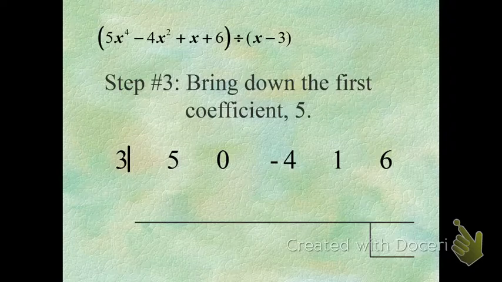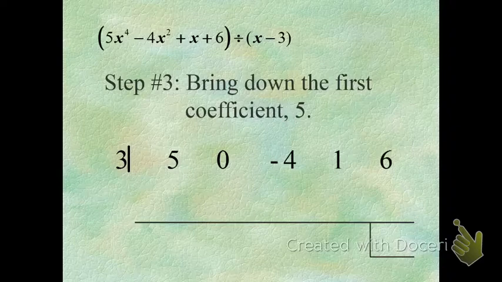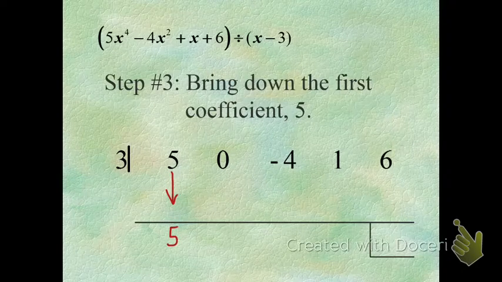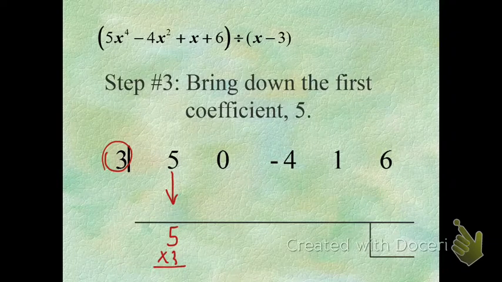The way we're going to start, just like in long division, is with our first term, which is the 5. You're going to move it below the line. Now take your 3 and multiply it by the 5. 3 times 5 gives us 15.